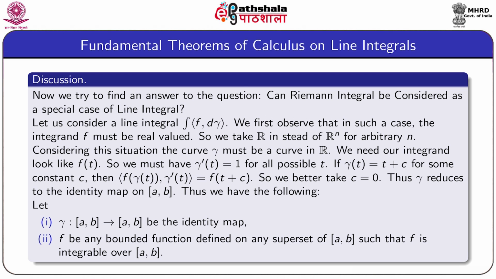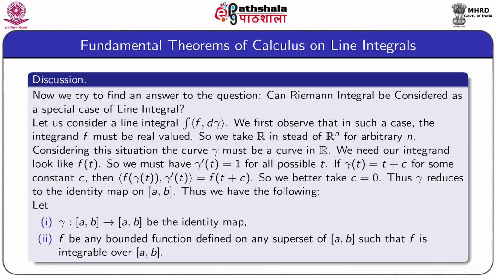So, we take R instead of R^n, where n was arbitrary, as the codomain of f. Considering this situation, the curve gamma must be a curve in R. Now, we need our integrand to look like f(t). So, we must have gamma dash(t) equal to 1 for all possible t.